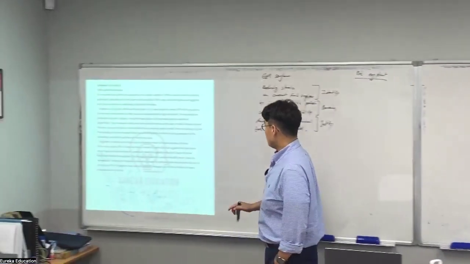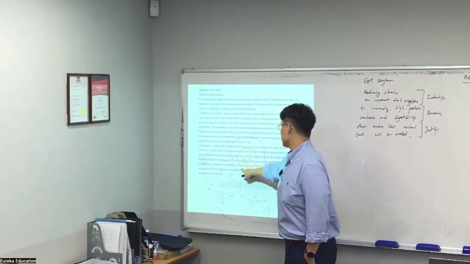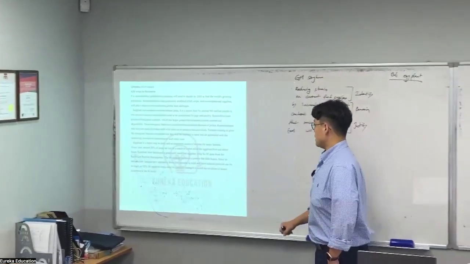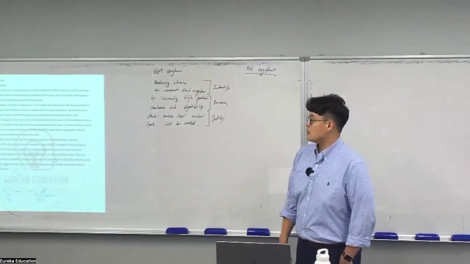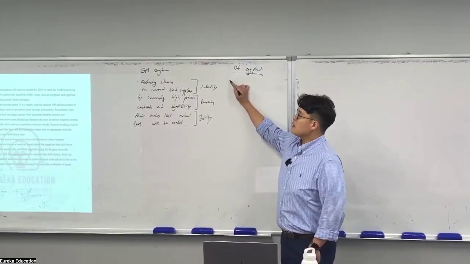Isn't it given? The last thing here has reduced pesticide use. It's not only an increase in yield, but also reduced pesticides used by the crop farmers. So the main thing is this here.